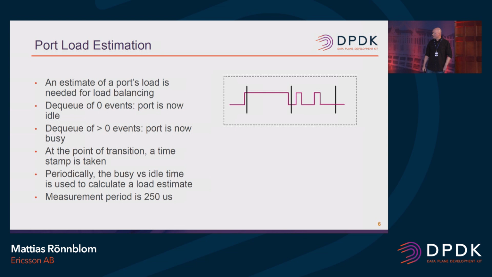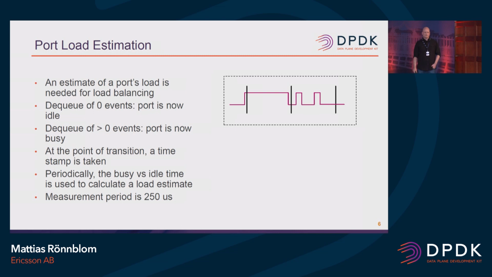I'm going to cover port load estimation. So we keep track of an estimate of how loaded a particular event dev port is. And this is for load balancing reasons. And the procedure is that if a dequeue happens and there are no events to process, then that port is considered unloaded or idle.